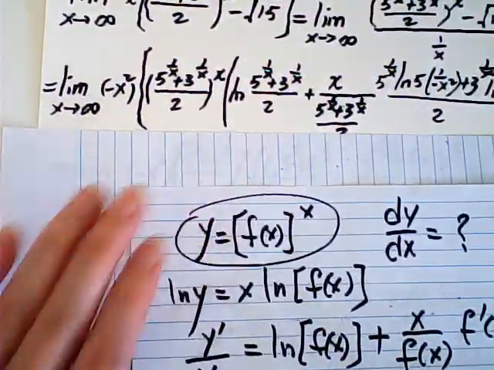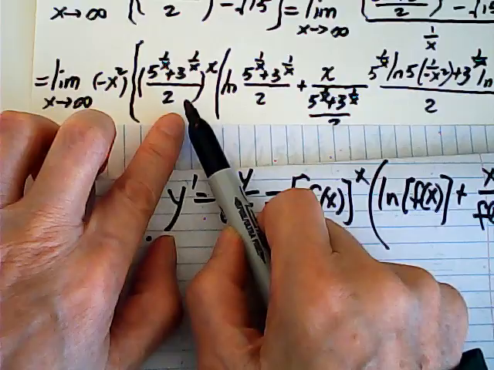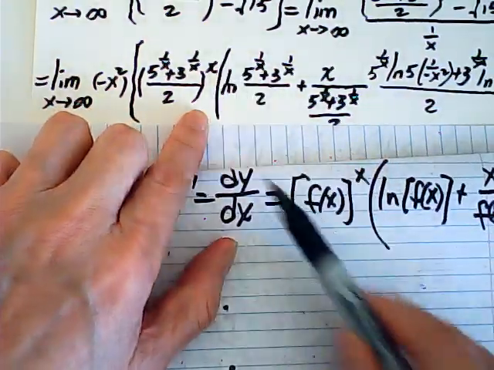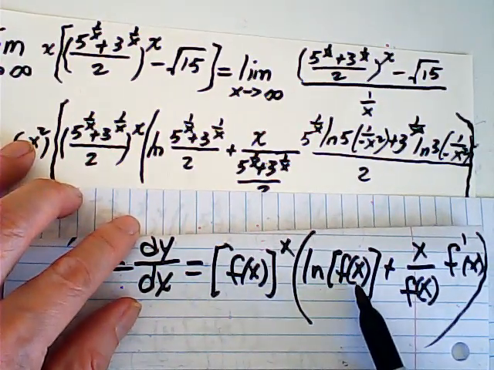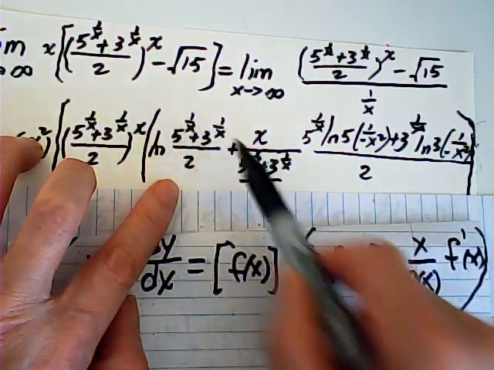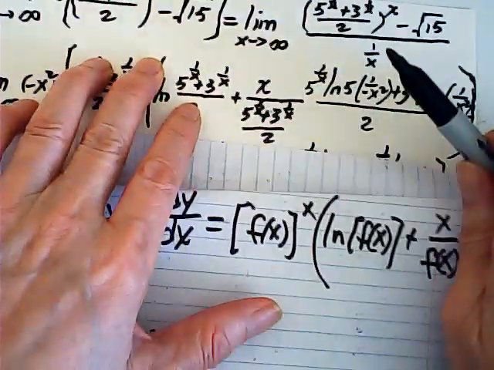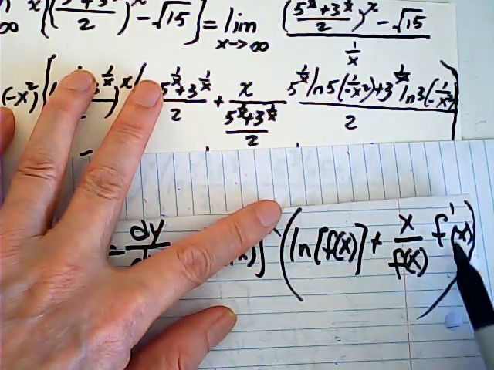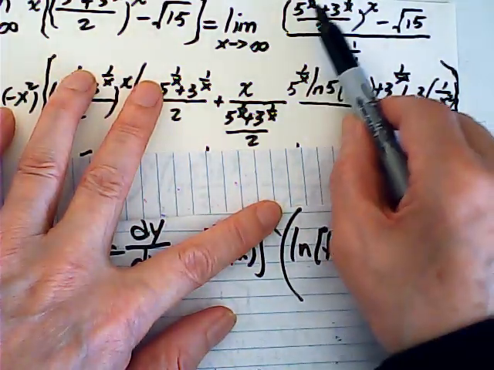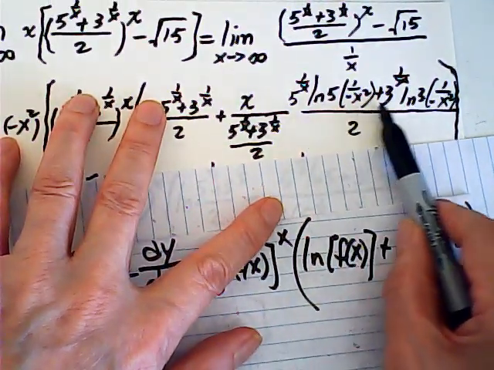Now, this is the derivative of that. This derivative says f of x to the power of x, multiplied by log f of x, plus x over f of x times f derivative, that is this derivative with respect to x, that is this.